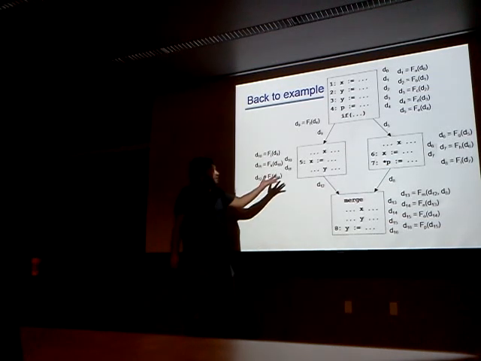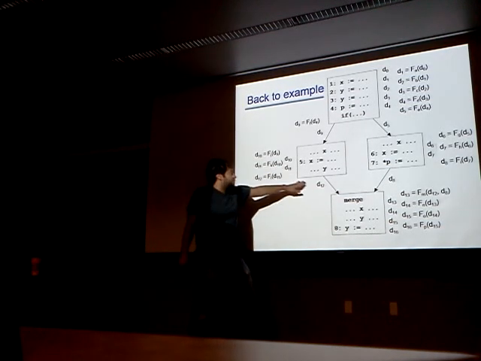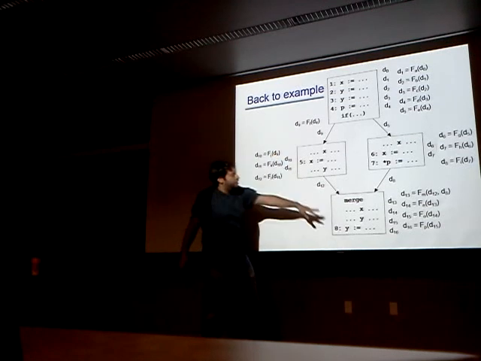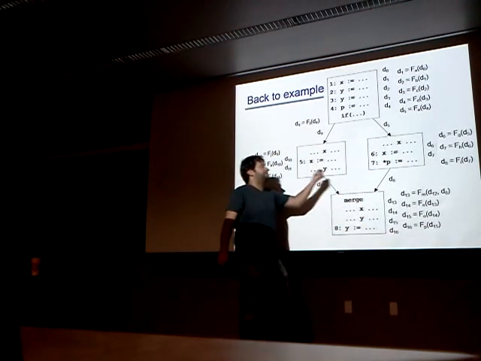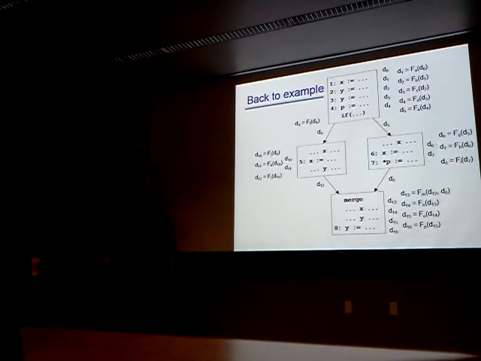Now what I need to do is solve for all these variables, D0 through D16, subject to all these constraints, and find a solution. We'll see how to solve this next time.